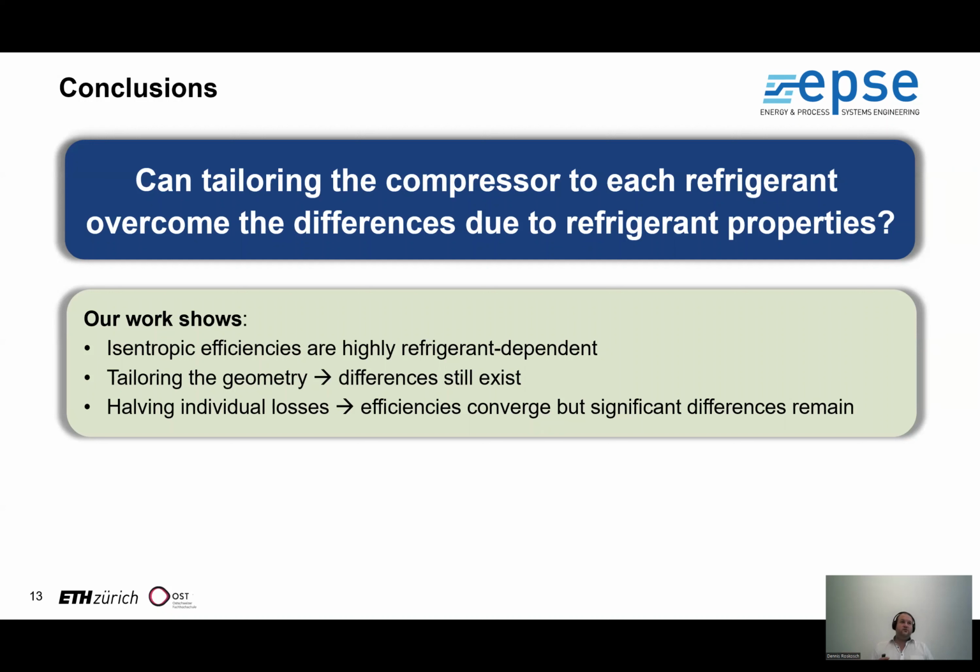And also, if we halve all losses or single losses, we see efficiencies slightly converge, for example, if we halve the flow losses, but there are still significant differences between the refrigerants, and the ranking remains.